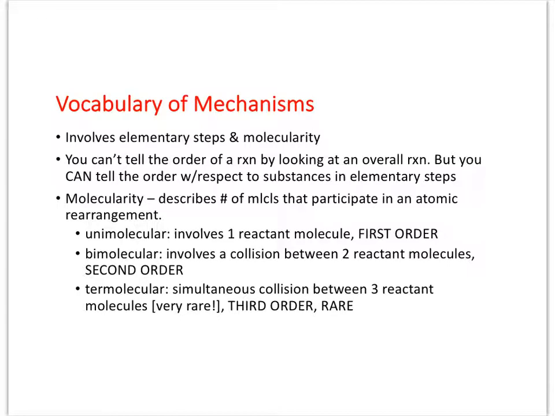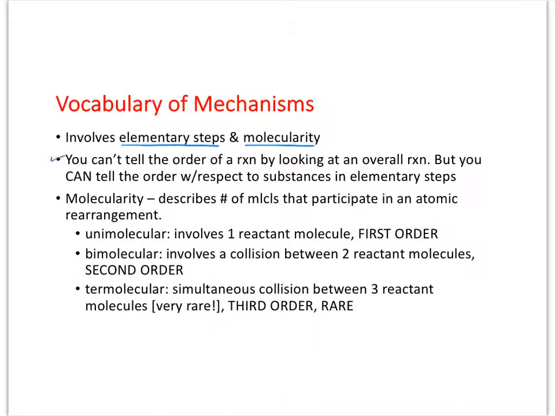So vocabulary that you need to know. You need to know that an elementary step is a simple step that, when I merge it with other elementary steps, gets me an overall reaction. Also, we need to look at molecularity. So when we were looking at rate laws, I said that you cannot determine the order of a reaction by just looking at the overall process.